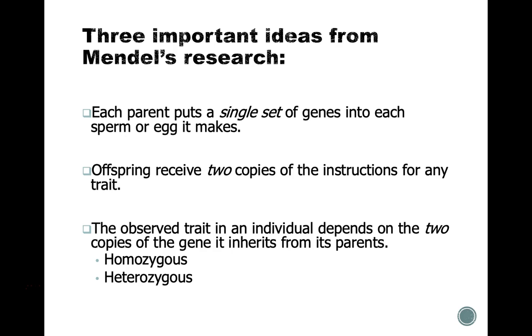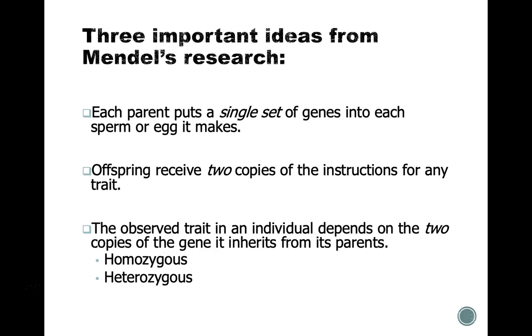Now, an individual can receive 2 of the same copies, the same type of copy of an allele. That's a condition called homozygous. Remember, homo meaning same, zygous meaning zygote, meaning fertilized egg. That's just a fancy term for fertilization.